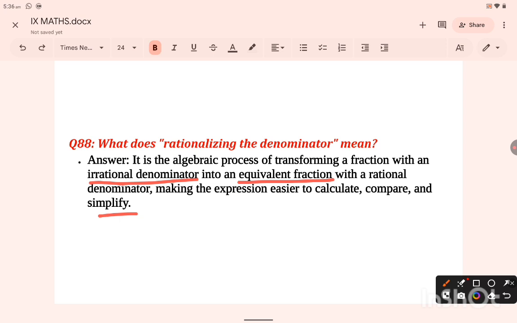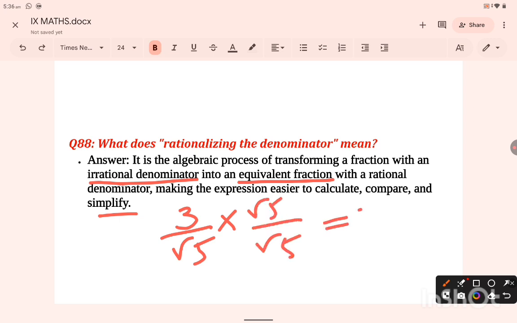To make an irrational number denominator into a rational denominator. Okay, suppose for example 3 by root 5. Now we can multiply root 5 to both numerator and denominator, root 5 by root 5.